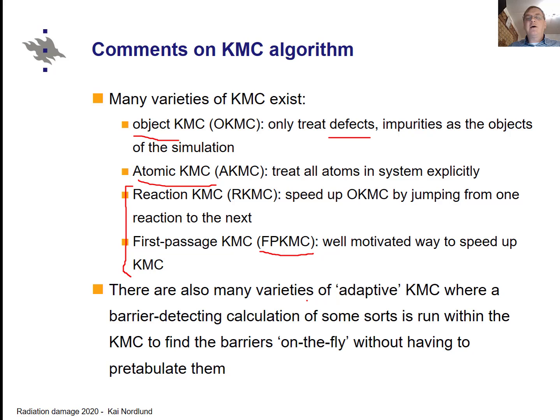Then there are also many varieties of so-called adaptive KMC, where you have atoms in the system and try to detect possible barriers on the fly without having to pre-tabulate them, so you get rid of the need to know the reactions in advance. On the other hand, to do this, you essentially have to run a molecular dynamics or molecular dynamics-like simulation within the KMC to obtain these events.